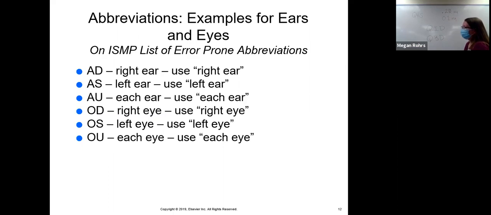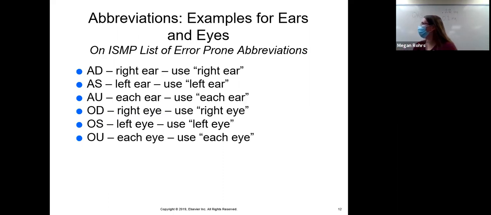Abbreviations for eyes and ears. These always get mixed up. Have you guys studied these before? Second quarter? Yeah? Good. So however you can remember these, I always just tend to remember that D is right and S is left. And then from there, I look at the first letter.